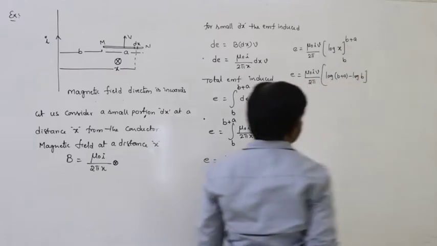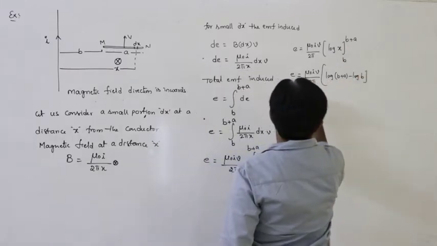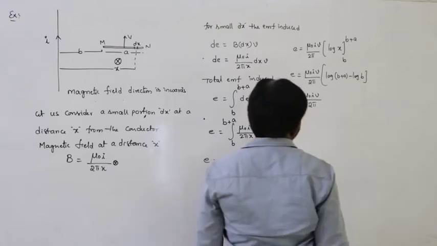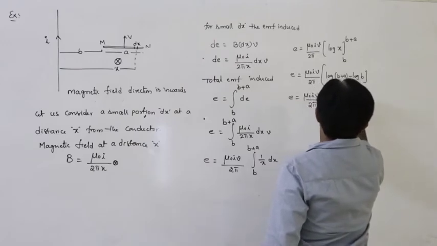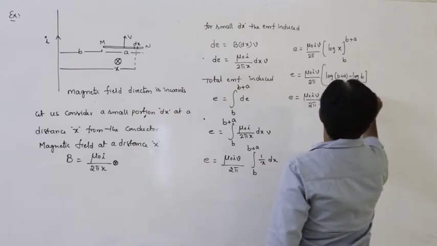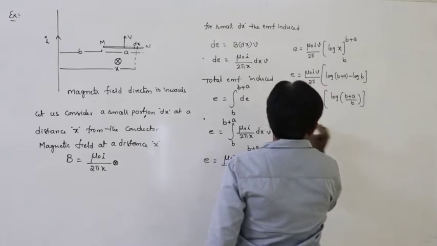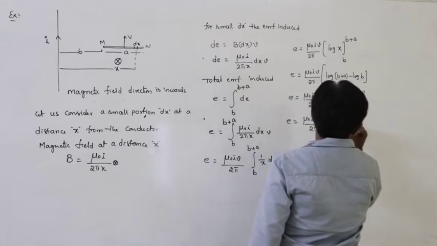So E equals mu naught I v by 2 pi log of (b plus a) divided by b. So that is mu naught I v by 2 pi log of 1 plus a by b.